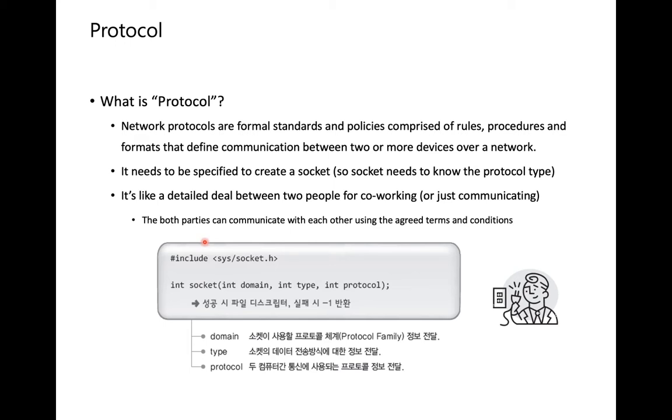If you skip any of the policies that make that communication, then you won't be able to send your data, or you won't be able to communicate, right? In simple words, both parties can communicate with each other using the agreement terms and conditions. If two persons want to talk to each other, they should understand each other's language.